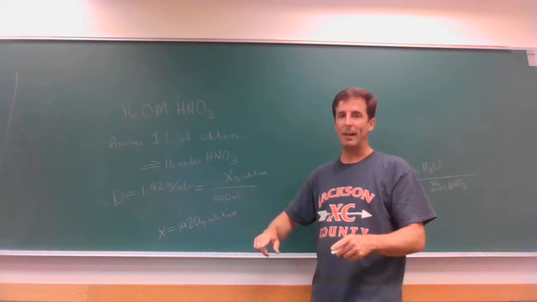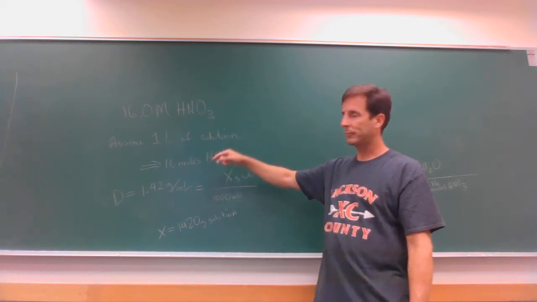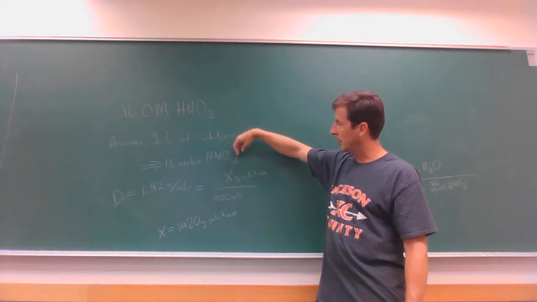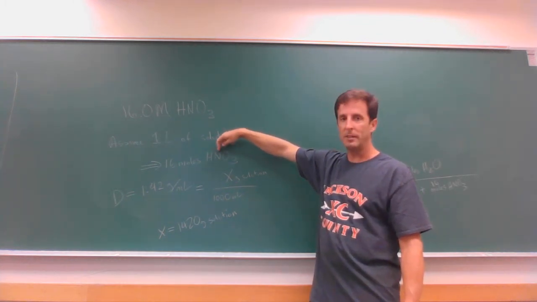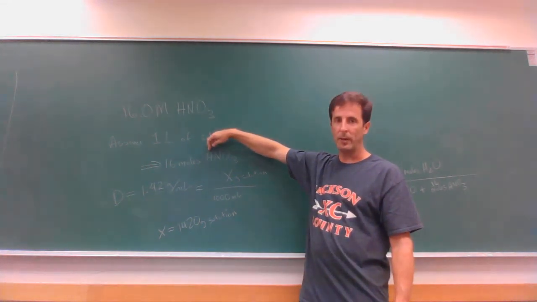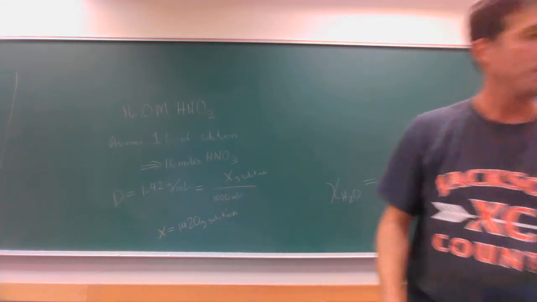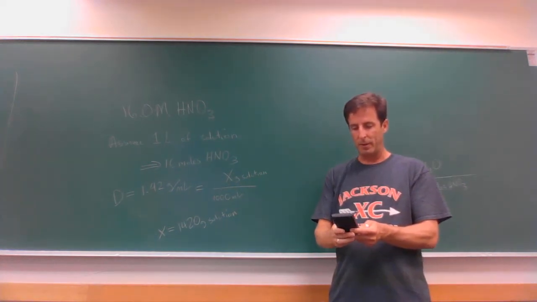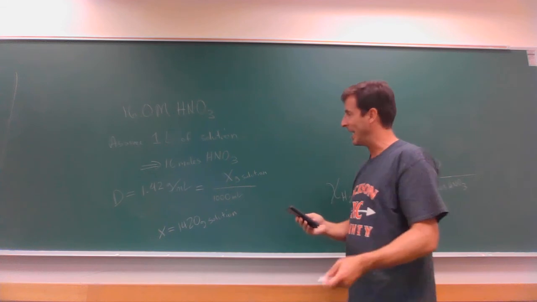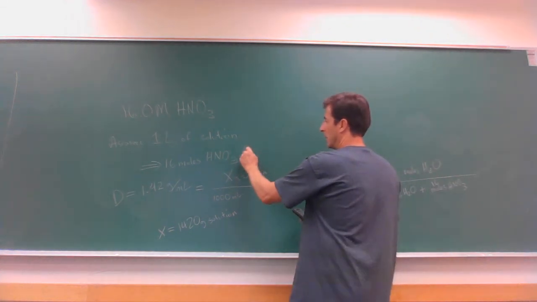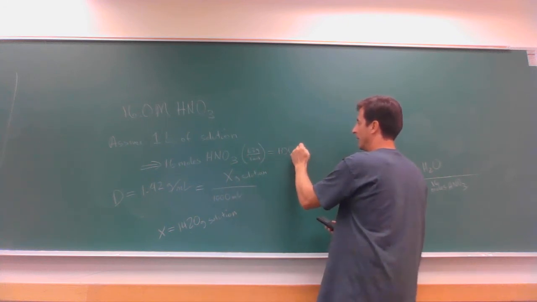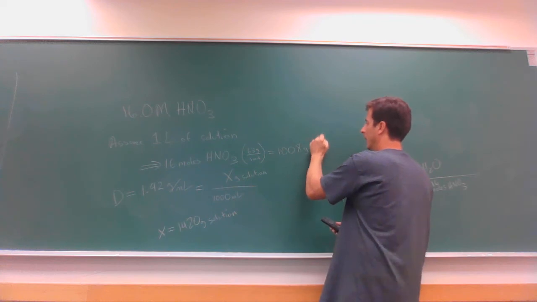I need to subtract the mass of the nitric acid, so I need to change moles to grams. Nitric acid is 16 times 3 is 48, plus 14 is 62, plus 1 makes 63. The molecular weight is 63. So I'm going to do 16 moles times 63 grams per mole, which is 1,008 grams of nitric acid.